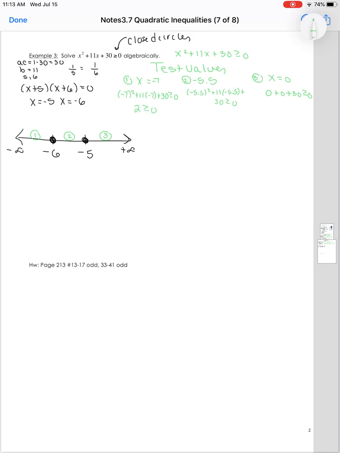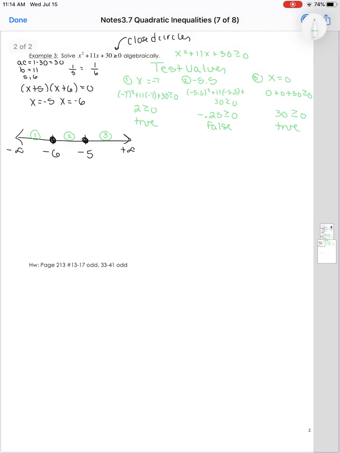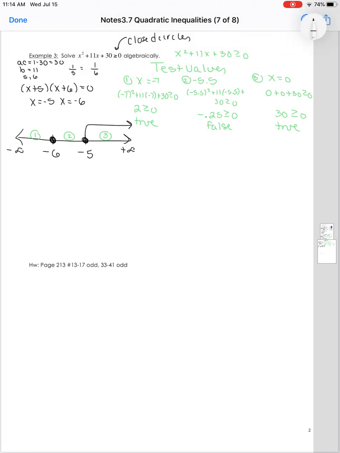You have plenty of room, so if you got to go to the bottom, definitely do that. So 0 plus 0 plus 30. When you simplify everything out, you should get 2 is greater than or equal to 0, -0.25 is greater than or equal to 0, and 30 is greater than or equal to 0.